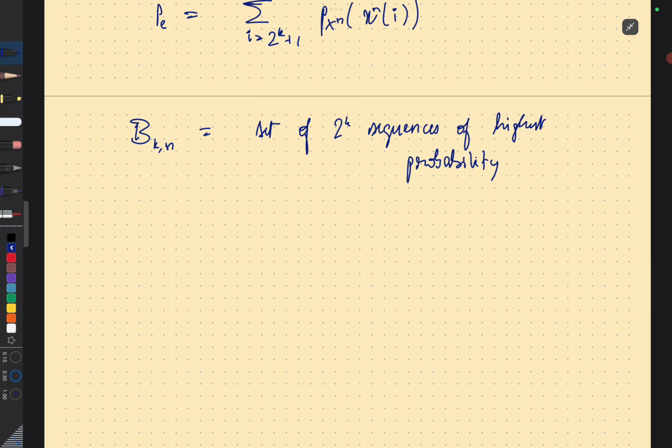Right? So a set of 2 to the k sequences which have the highest probability. All right.